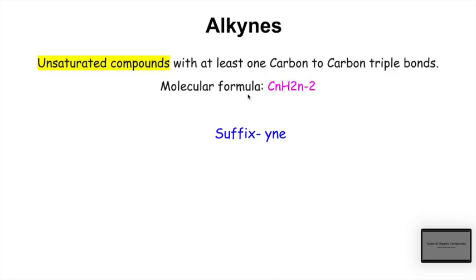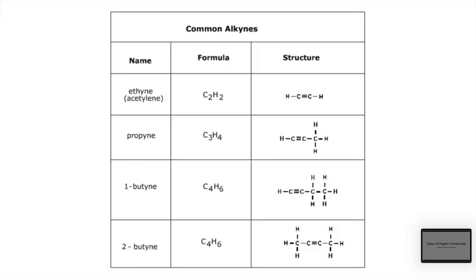Next one, alkynes. They are also unsaturated compounds with at least one carbon to carbon triple bond. Molecular formula CnH2n-2. Here the suffix is -yne. The first two examples: ethyne, formula C2H2, you can see the triple bond here, HC≡CH. Propyne, C3H4. 1-butyne: you can number 1, 2, 3, 4.